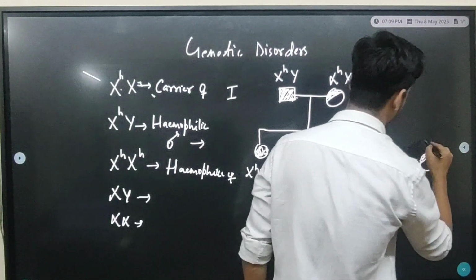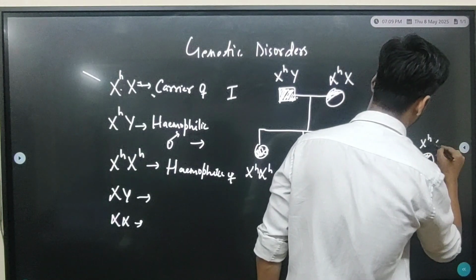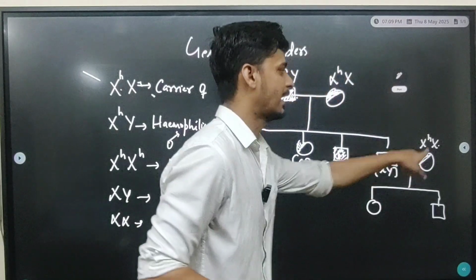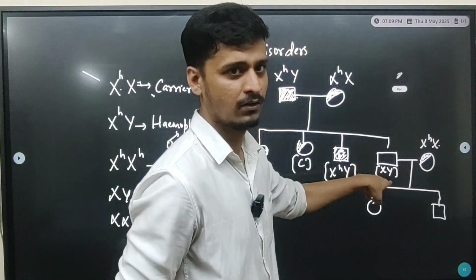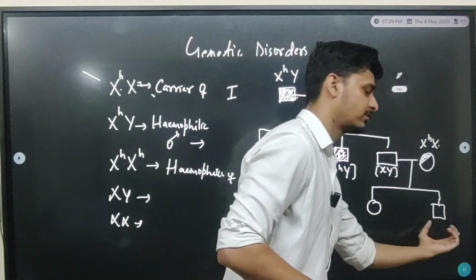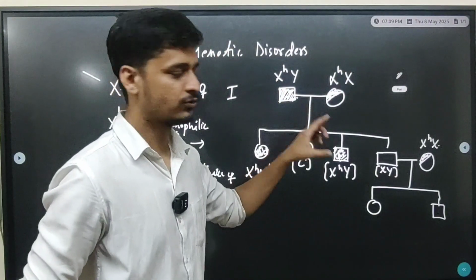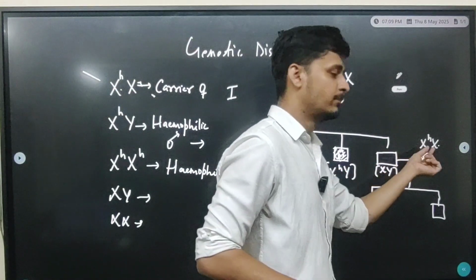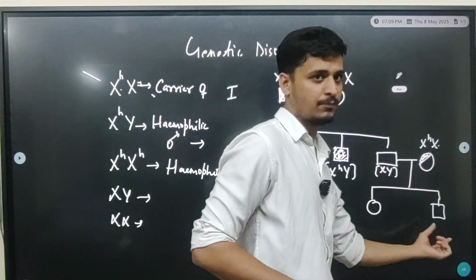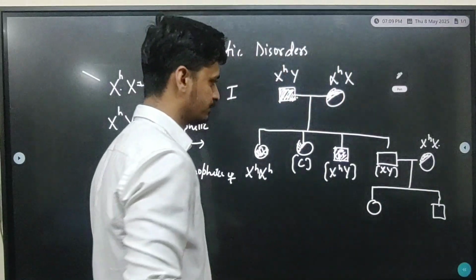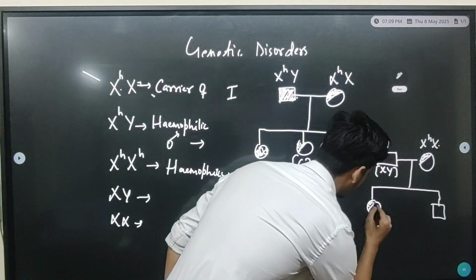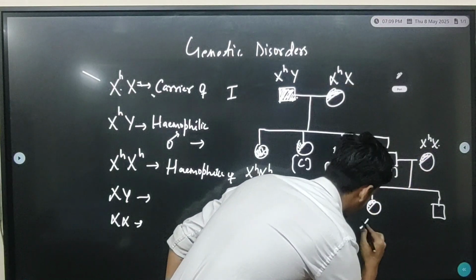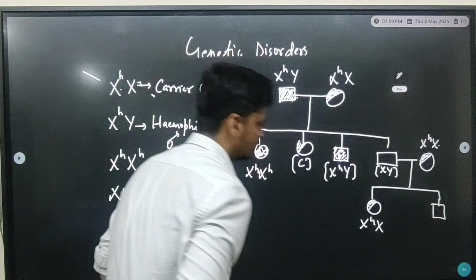If this female is a carrier and this male is normal, what will be their progeny? There will be a hemophilic allele in the progeny, yes or no? Yes. So the female will be a carrier, XHX.